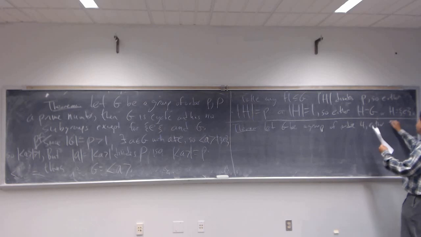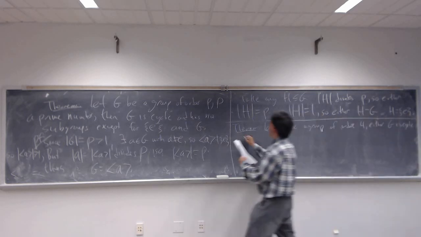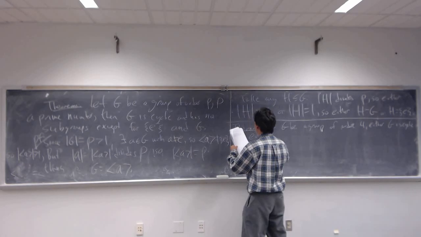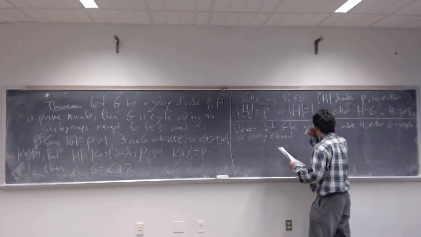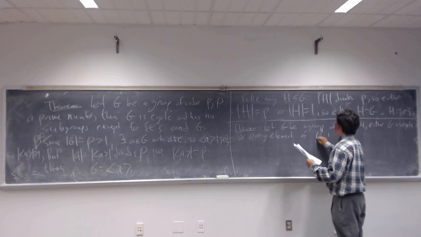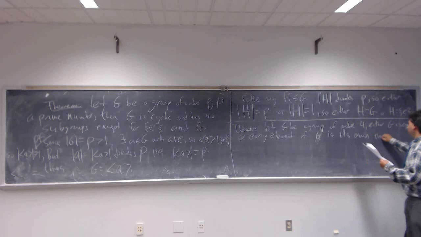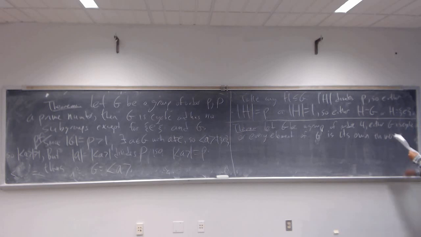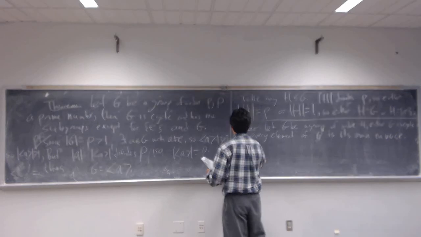Either G is cyclic or every element of G is its own inverse. Okay, let's look at the proof.